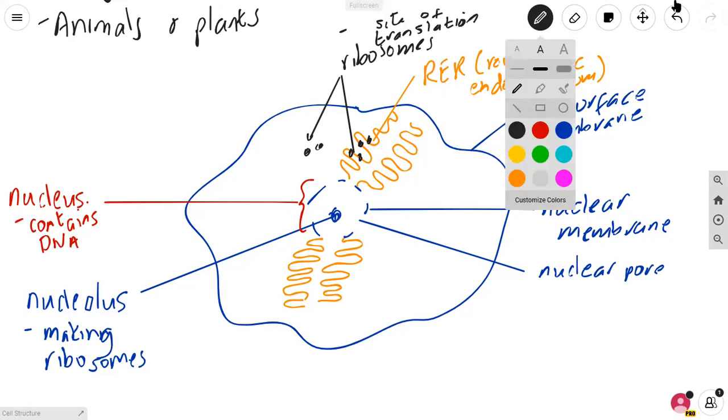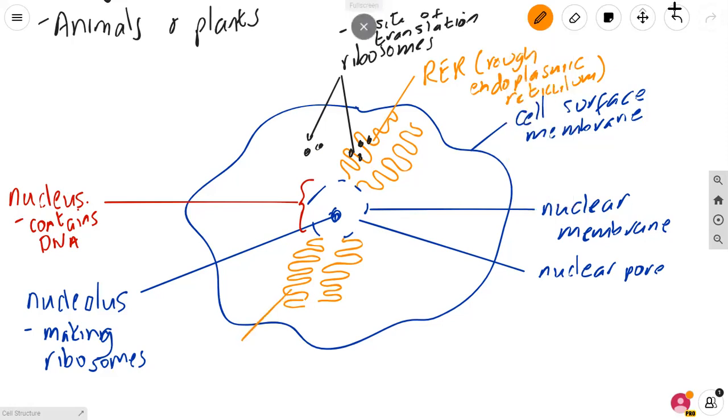The membranes that do not have the ribosomes on are called the smooth endoplasmic reticulum, or the SER, and they are responsible for lipid synthesis. So they make all the lipids that are going to be needed in the cell, and as you will come across, lots of lipids are needed in the cell surface membrane for the phospholipids and all the other membranes within the cell, plus other lipids may be required as well.